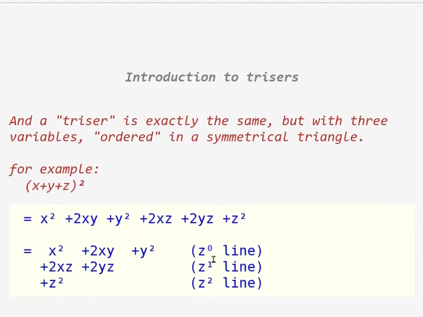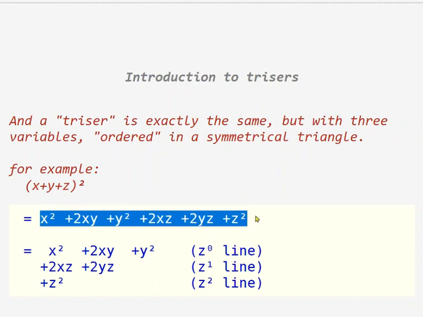Now Trisers are exactly the same, but with three variables, ordered in a symmetrical triangle. For example, x plus y plus z squared. Get these terms.